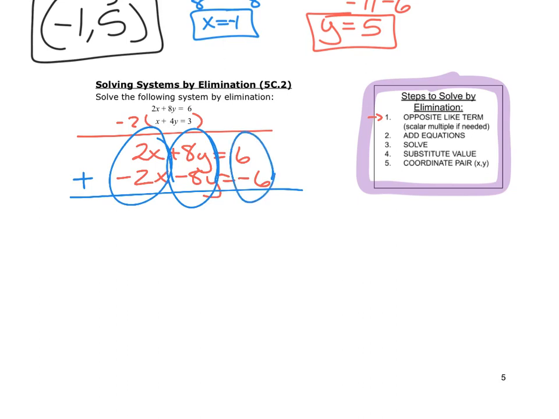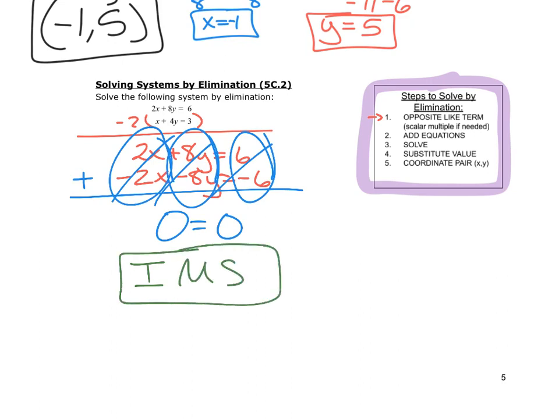And hopefully you notice that all of them turned out to be opposite like terms when I did that multiplying by negative 2. So I would end up with an equation that said 0 equals 0. Based on what we said about the types of equations we can get, this would actually be an infinitely many solutions answer, because that is a true statement. True statements means infinitely many solutions.